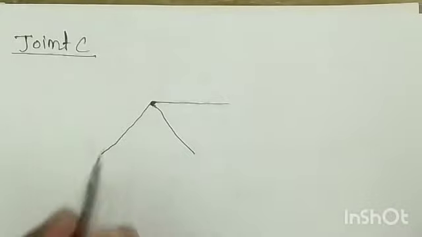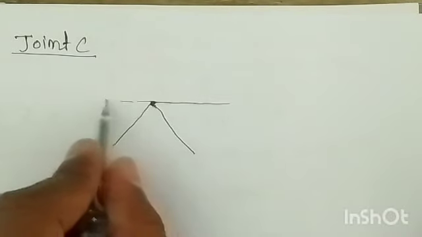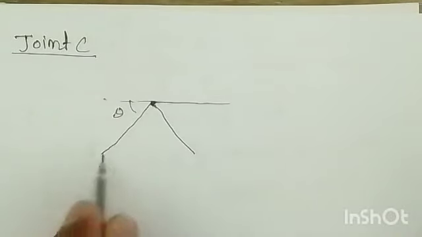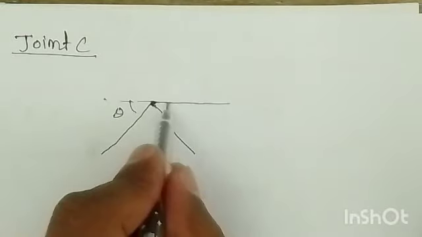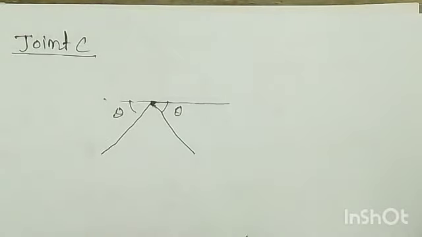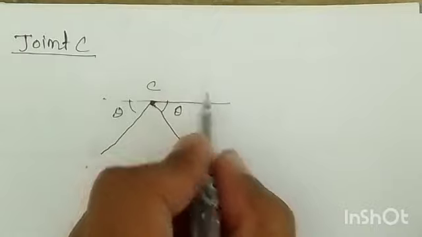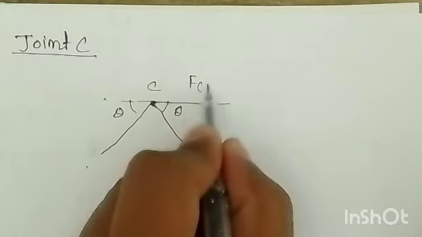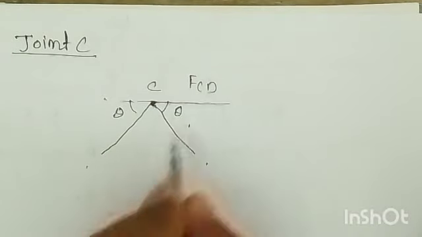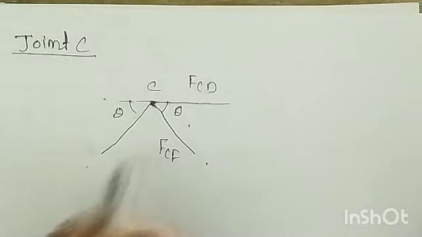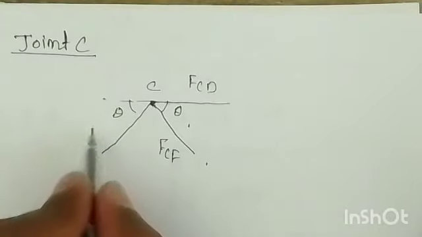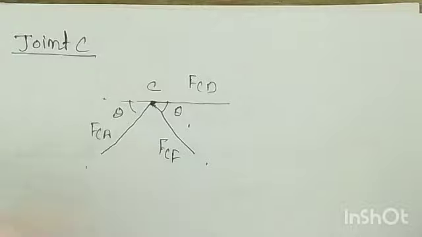Is it or not? Now, there is this inclination theta. Why? Because this is theta, so this is also theta, and this will also be theta, right? Now this is C, this is your F, A and D. So in this the force is what? That force is FCD. In this the force is FCF, right? And in this the force is FCA.